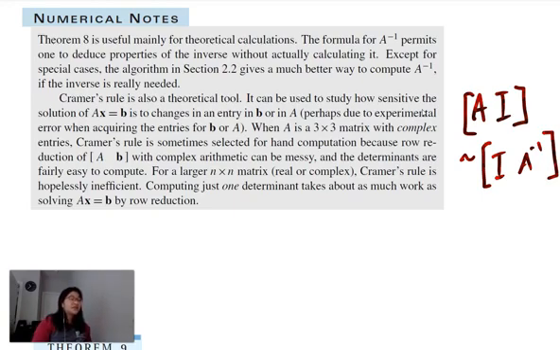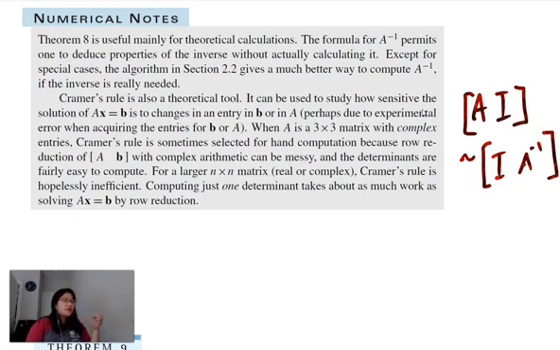But it is helpful to use Cramer's rule as a tool for figuring out what happens if you tweak B, or if you make perturbations and tweak what A is, because of error or for whatever reason.